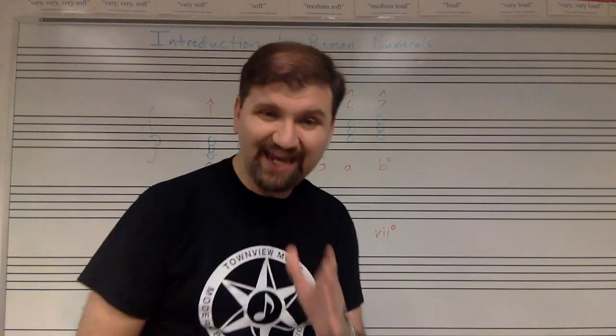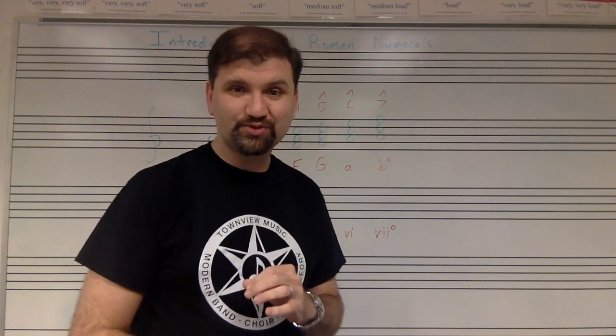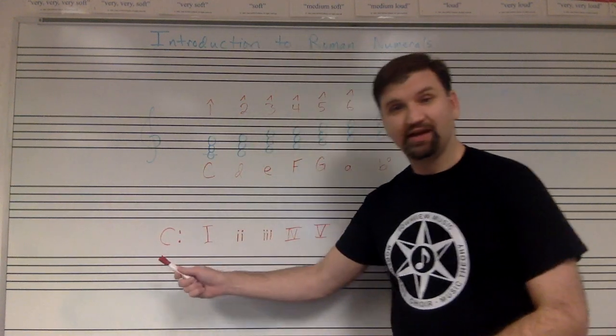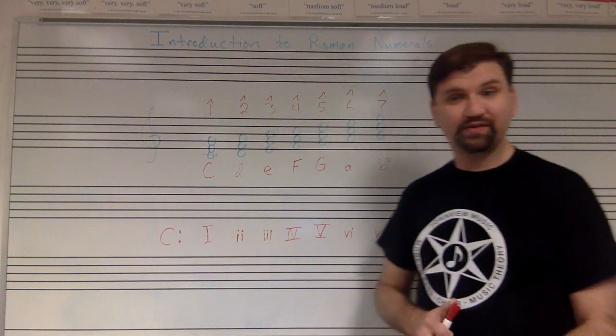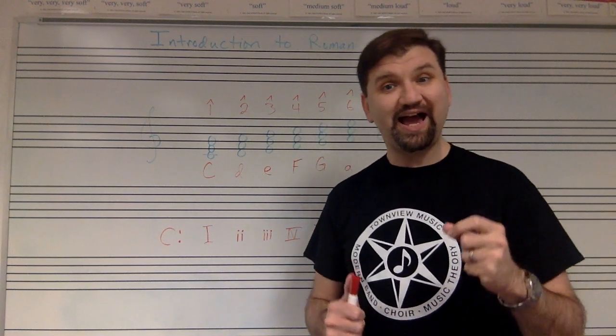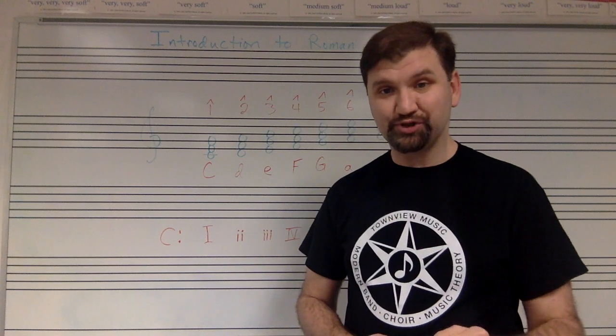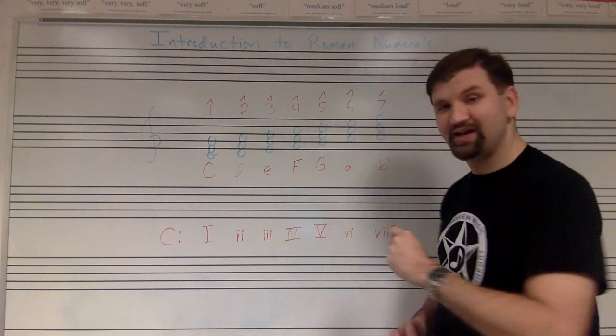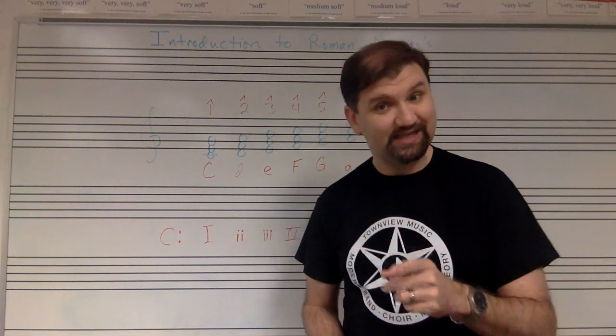You don't have to analyze the chord to learn its quality. So for instance, if I'm in the key of C and I see a chord that's built on G, where G is the root of the chord, then I know that that is a major chord, because in C, G is the 5 and the 5 is major.